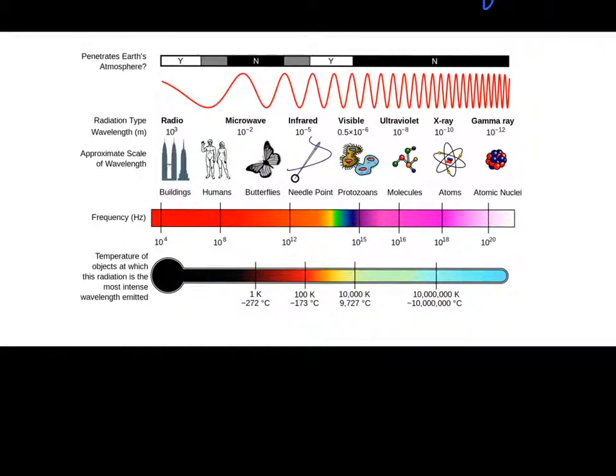So remember, these are all the different types of light waves, but the only ones we can see are here in the visible spectrum. However, all of them travel at the speed of light because, as I told you, it doesn't matter which wavelength, the speed of transmission of electromagnetic waves is always the same.